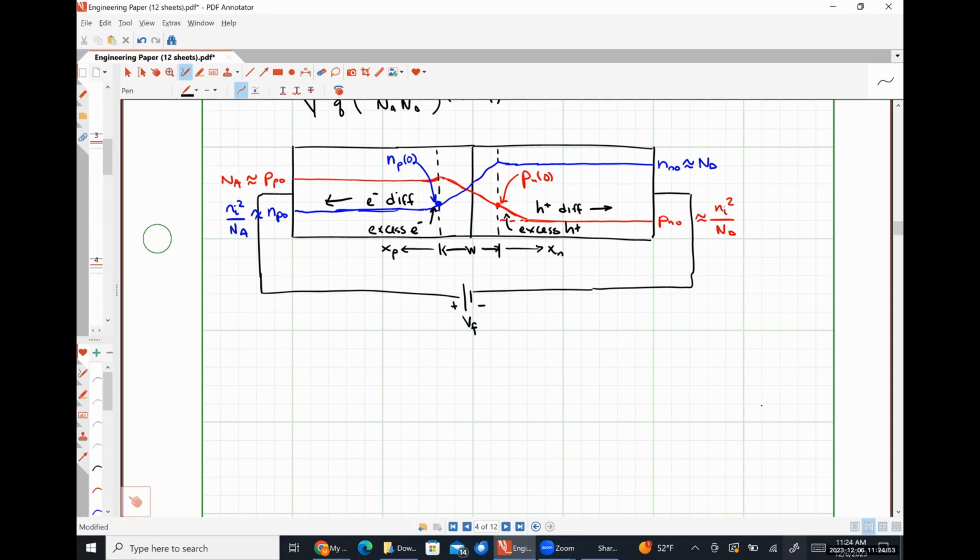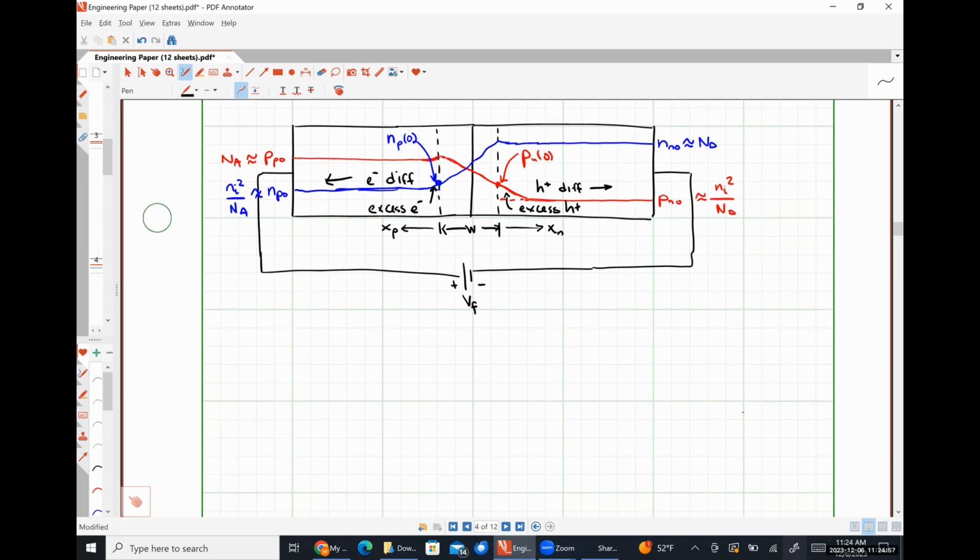Mathematically, our excess carrier concentrations at the edge of the depletion region are given as follows. So, sorry, let me restate that because I just made that ludicrously confusing.